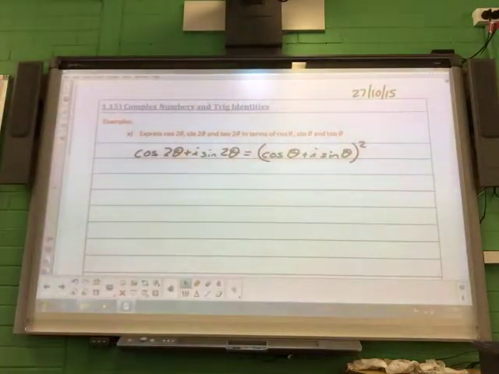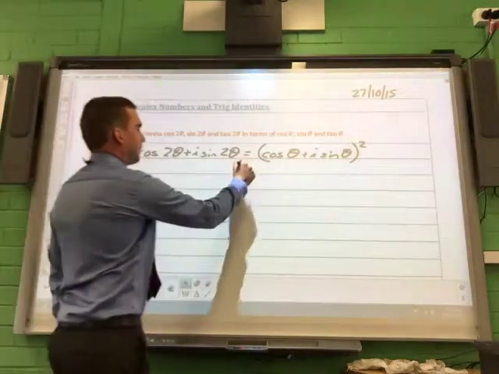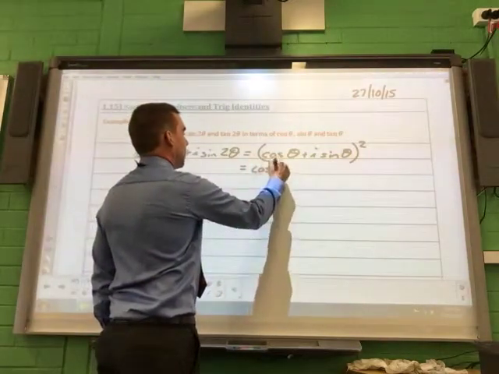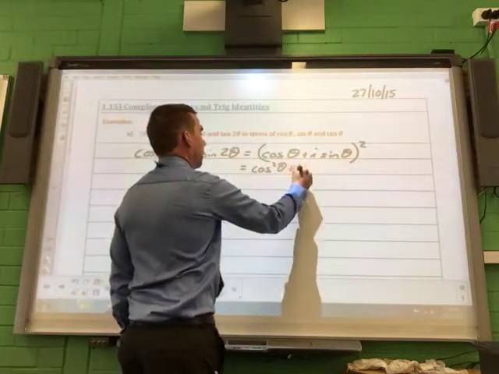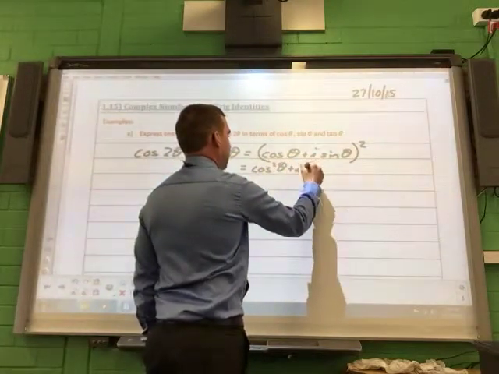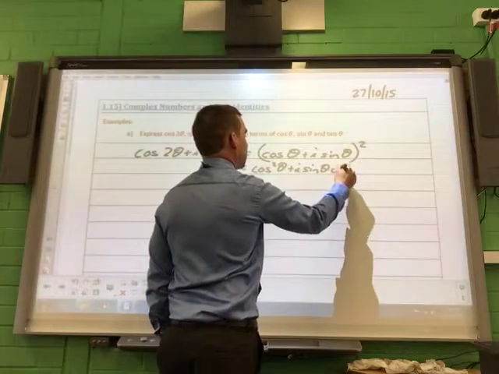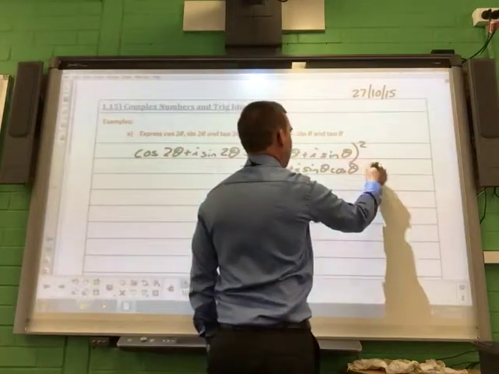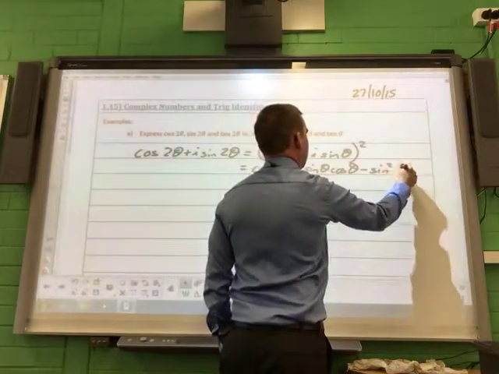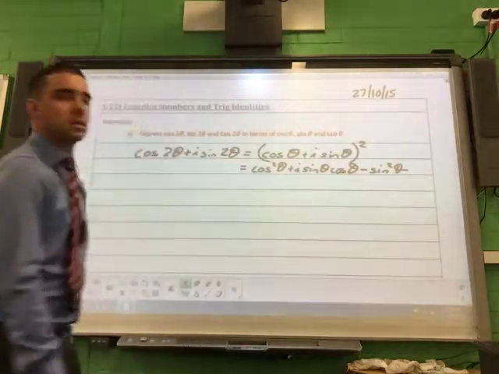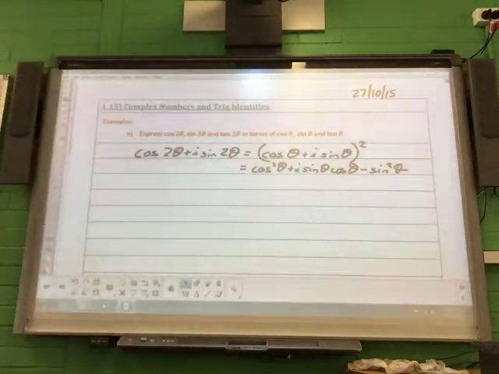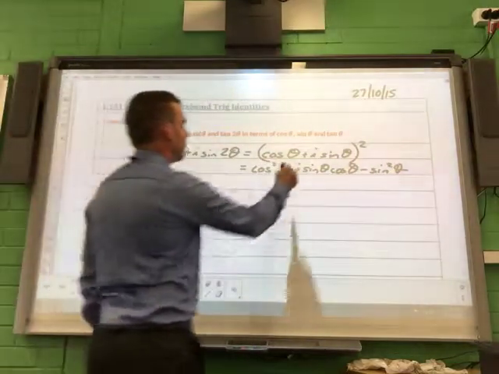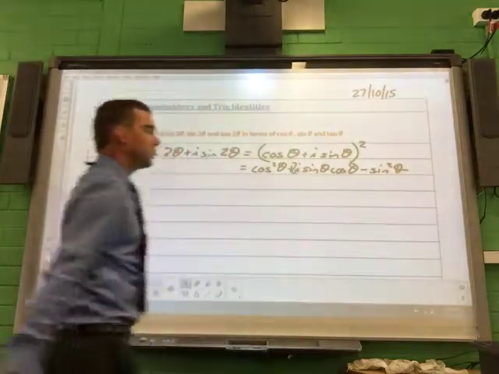Then we expand that square: cos squared theta plus i sin theta cos theta, take away sin squared theta, because i squared is negative 1. Sorry, I've got 2 for the middle term, double it.